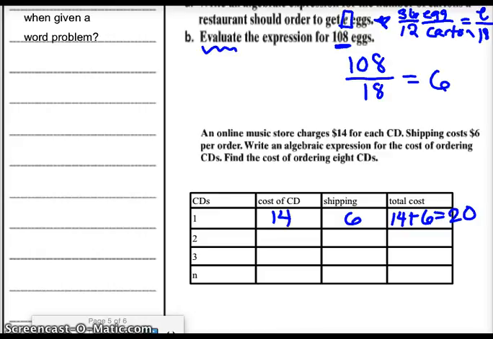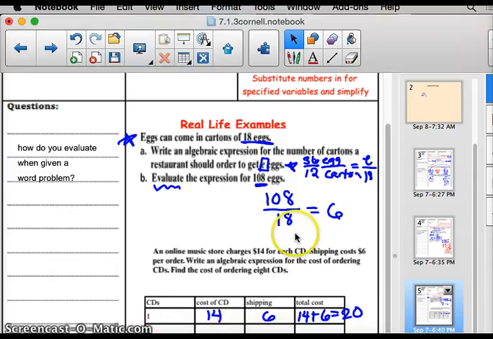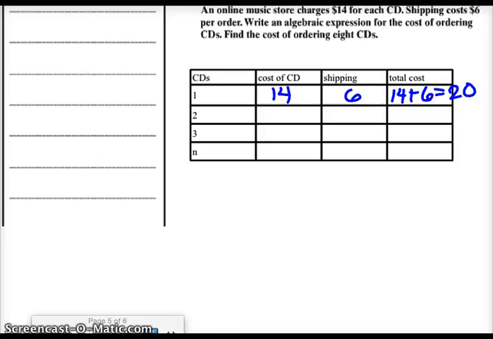The cost of 2 CDs, I want to extend the page here. The cost of 2 CDs is going to be 14 times 2. So for 2, we have $14 for 1 times the 2 that we have.